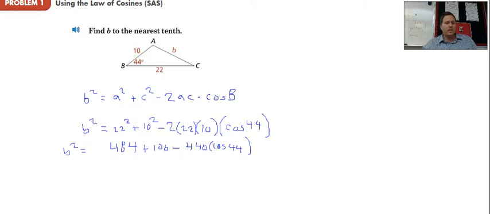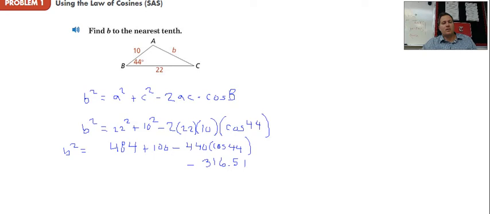Alright, so let's multiply these out. Let's put cosine 44 times 440 in my calculator, and rounding, I'm going to get 316.51.